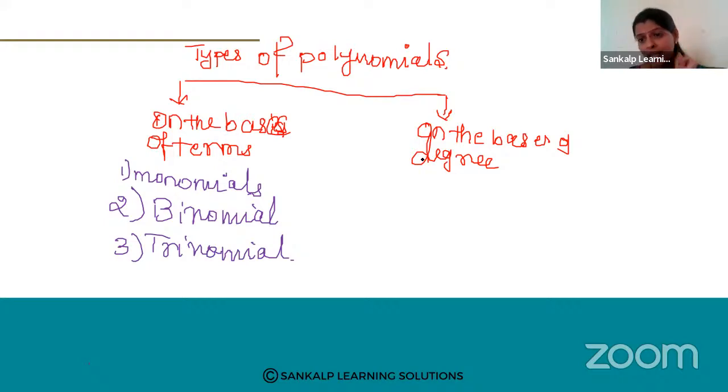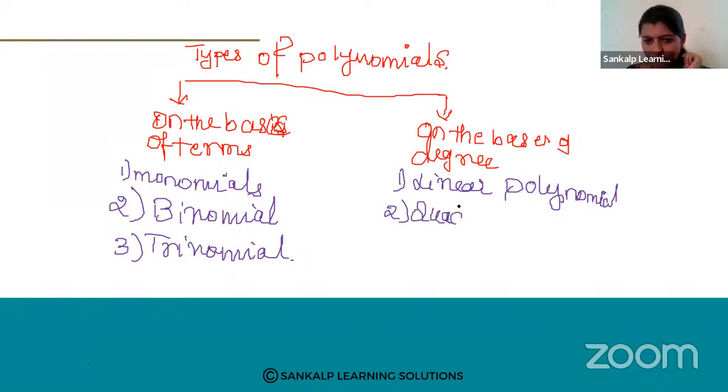Next, on the basis of degree, we are dividing the polynomials into linear polynomial, quadratic polynomial. If the degree is 1, it is called a linear polynomial. If the degree is 2, then it is a quadratic polynomial. If the degree is 3, then it is called a cubic polynomial. Yes or no, my dear children?